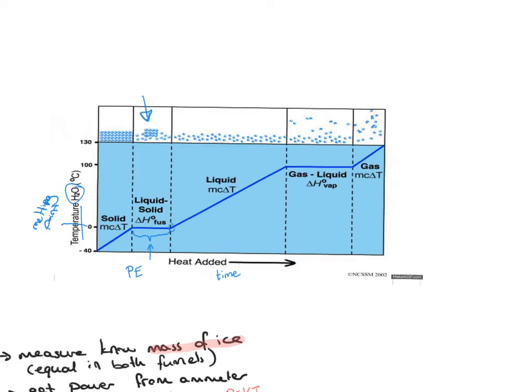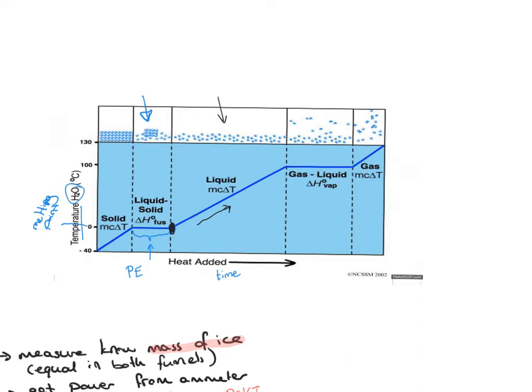But then when it reaches this point here, let me use a different color maybe. When it reaches this point here, you can see that as I continue heating it up, the temperature starts increasing again, while it's in its liquid state, so water.